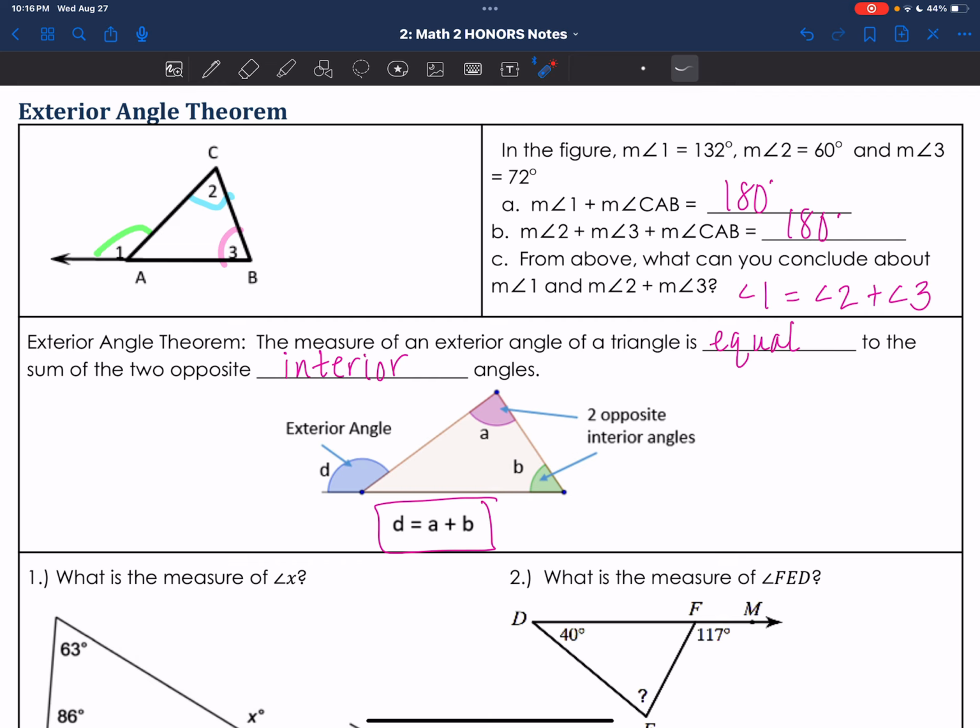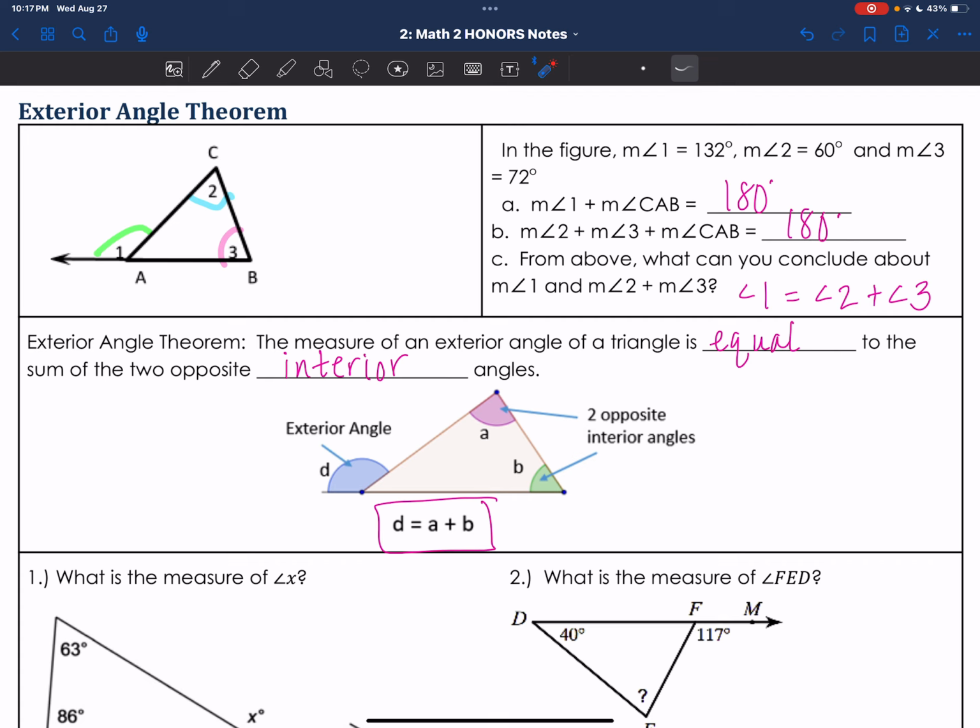If we were to also take the measure of angle 2, the measure of angle 3, and CAB, that's also equal to 180 degrees. So the shortcut, or the exterior angle theorem, is if we were to take the measure of angle 1, that's going to be this plus that. So your measure of angle 1 is going to be equal to angle 2 plus angle 3.